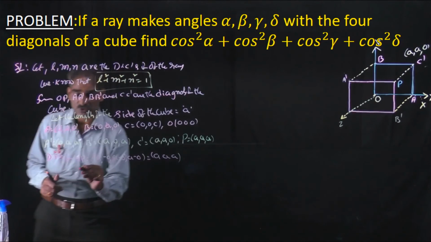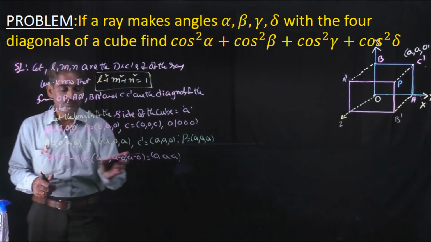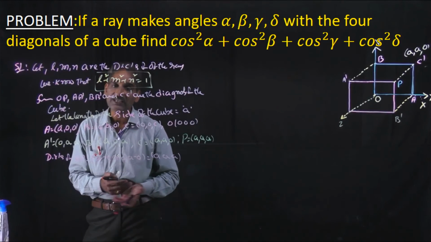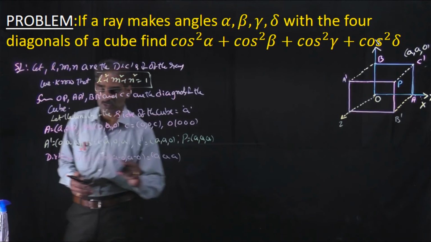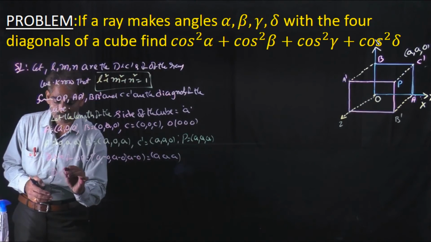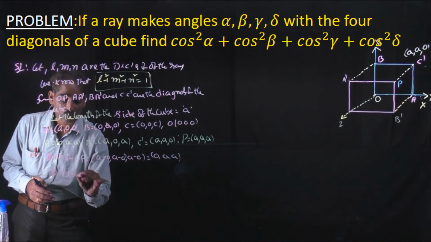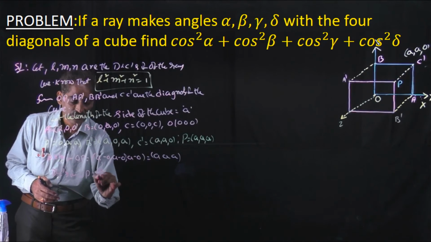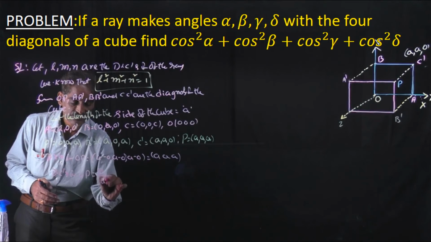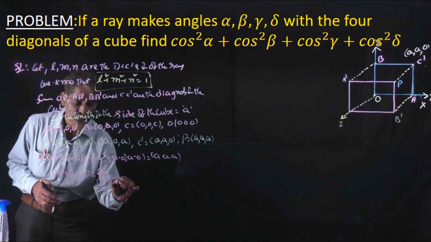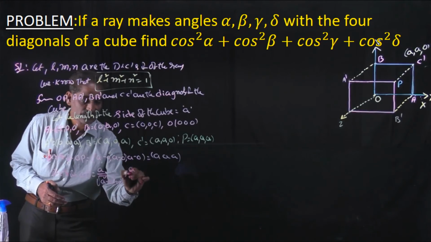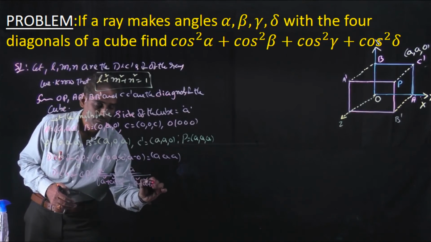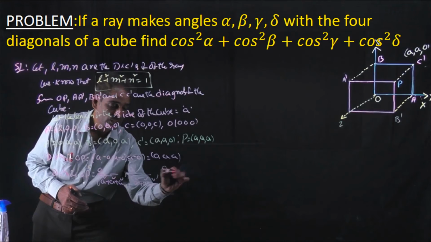If the DRs of OP are these three, suppose A, B, C, then DCs mean A by root of A square plus B square plus C square, like that. Now DCs of OP is equal to A by root of A square plus A square plus A square, comma, A by root of A square plus A square plus A square, and the third one is also the same.